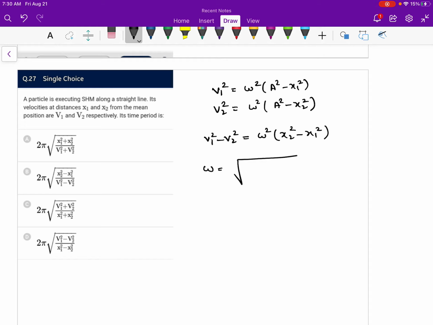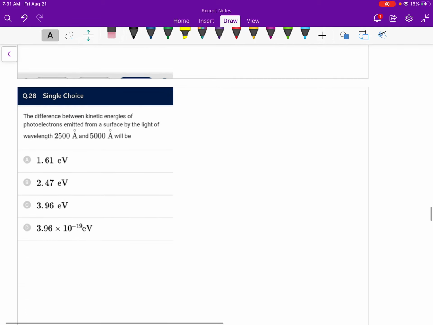So omega is under root of v1 square minus v2 square upon x2 square minus x1 square. So capital T is 2 pi into under root of x2 square minus x1 square upon v1 square minus v2 square. So B is the correct option.